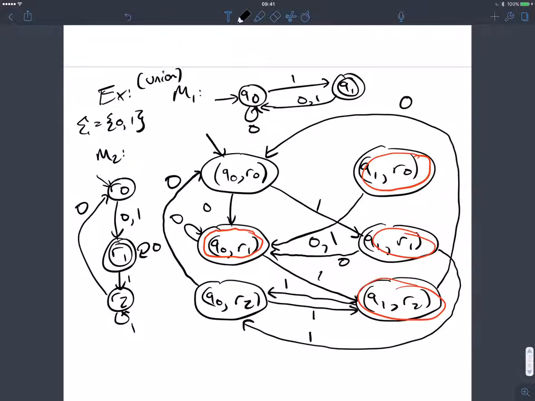Did I look at the original DFAs and their structure? Well, I looked at individual transitions, but did I say, okay, I might not ever reach this particular pair? No. So this process is entirely algorithmic. It's defined exactly in terms of the original two DFAs.